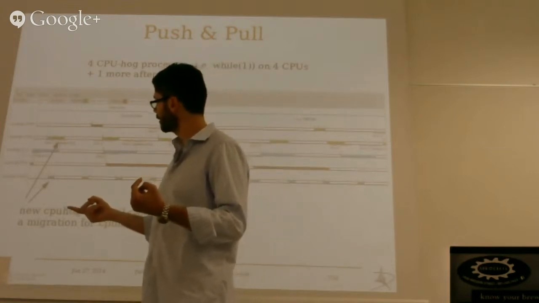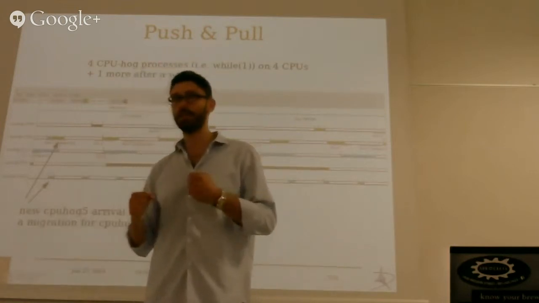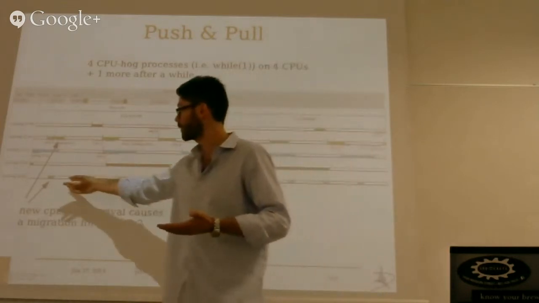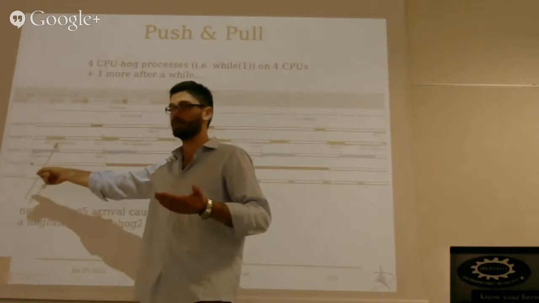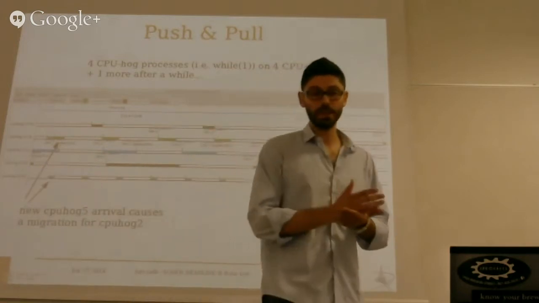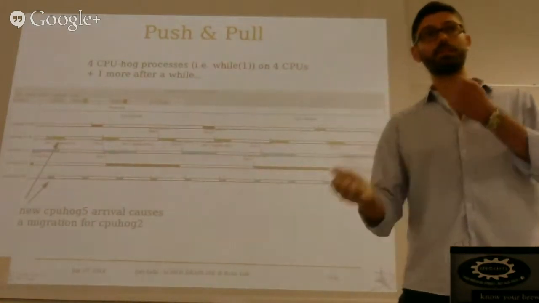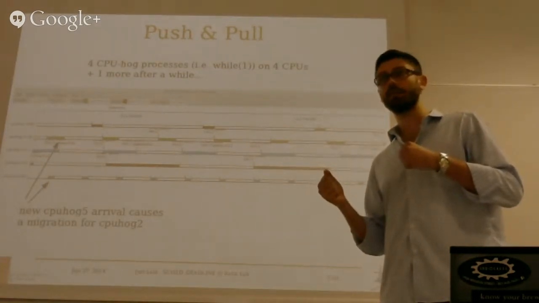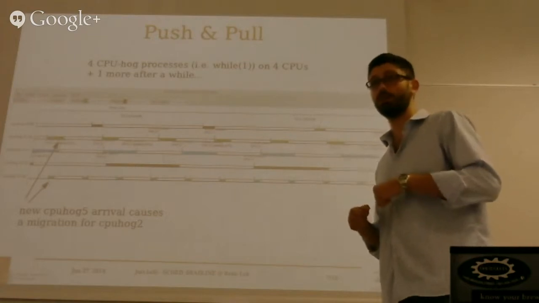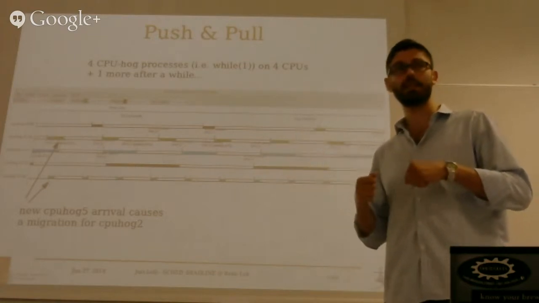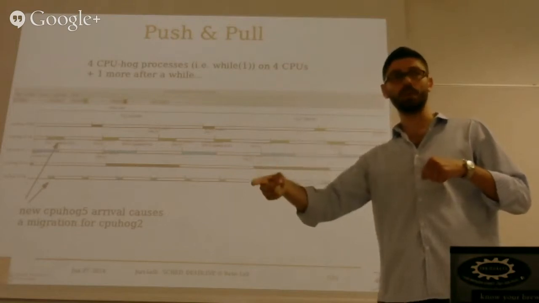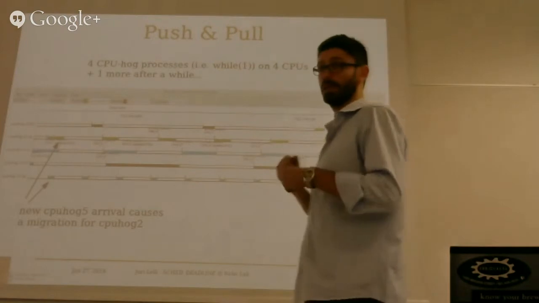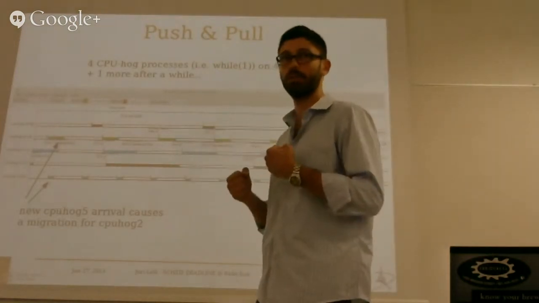Before deciding who you want to run, you try to see if someone from some other CPU has better chances to be run on my CPU, because, for example, it has an earlier deadline than the task I'm going to schedule, and this is a pull. So I try to pull the task onto my run queue.